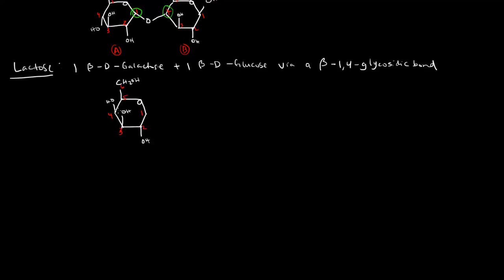Carbon 1 is going to be beta, which means it's going to be going up. Again, we're going to have a loss of water here. Now this is going to be connected to the 4th carbon on the beta D glucose. The 4th carbon on the beta D glucose would be pointing down, so it would look something like this.